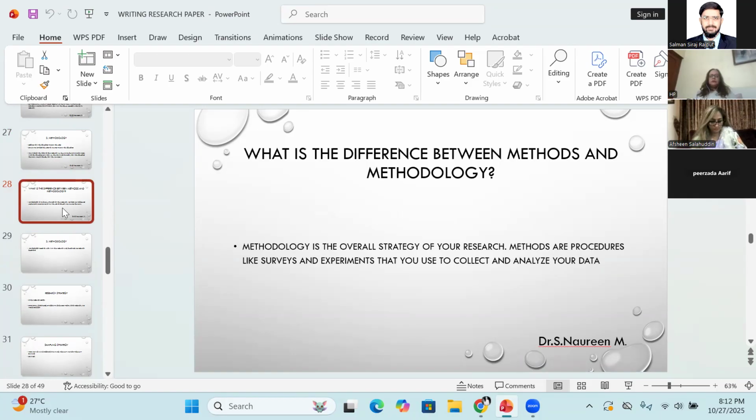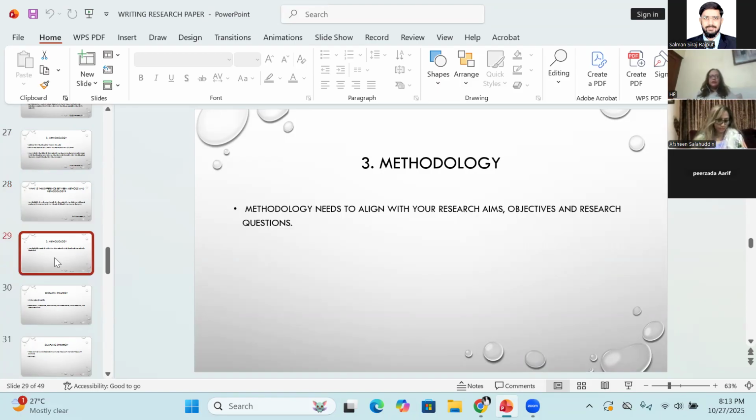So, what is the difference between methods and methodology? Methodology is the overall strategy of your research, and methods are the surveys and experiments that you use to collect and analyze your data. So, methodology is the overall strategy a researcher is using, and a method can be any method which you have proposed for this section, for the treatment of data.